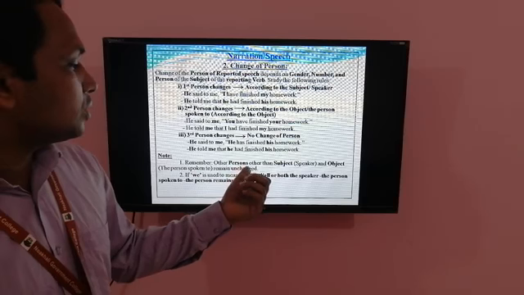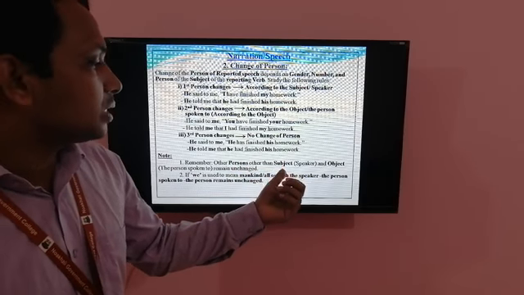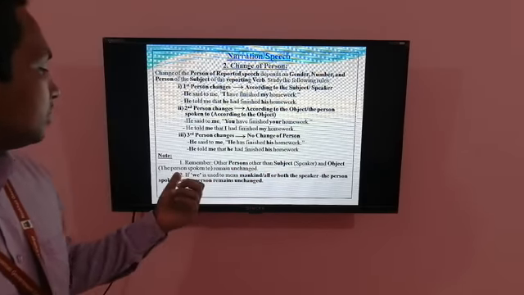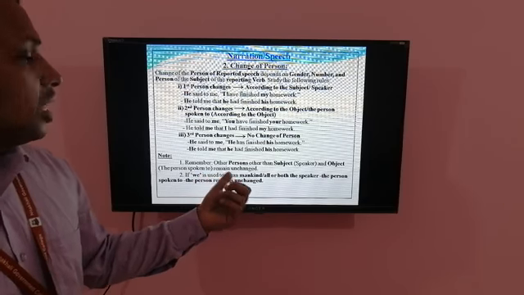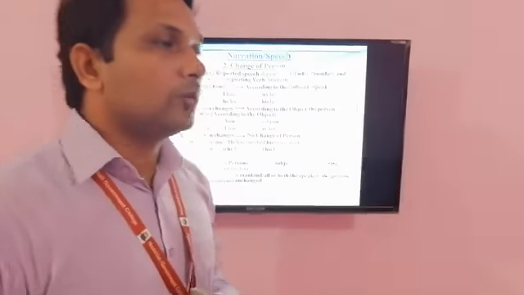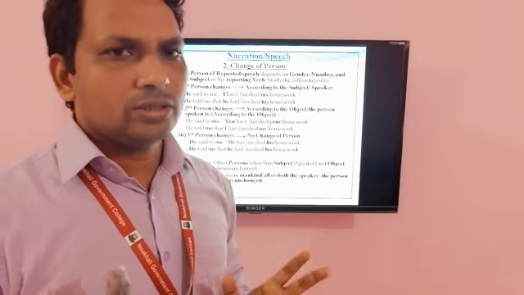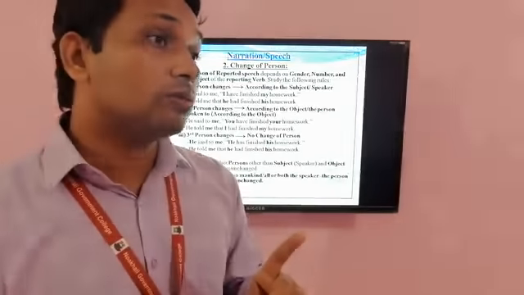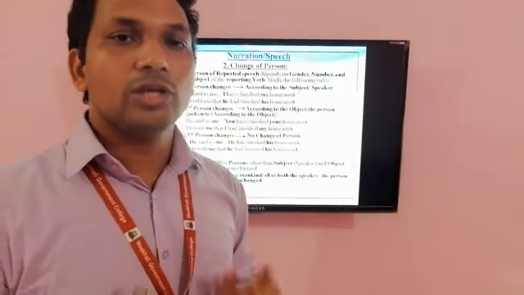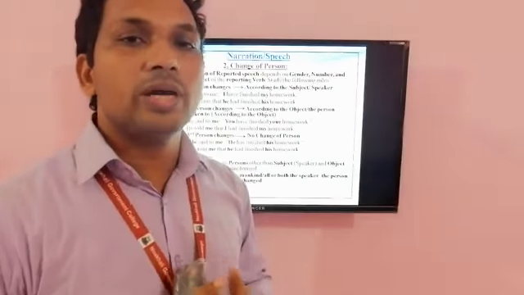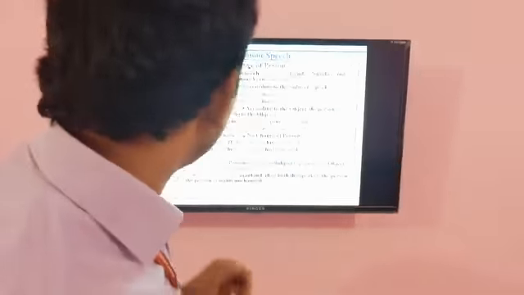Remember, other persons other than subject, that means the speaker and object, the person spoken to, remain unchanged. Very important note: if you come across any other persons, that means without subject or object, you need not change them at all. Remember this point.